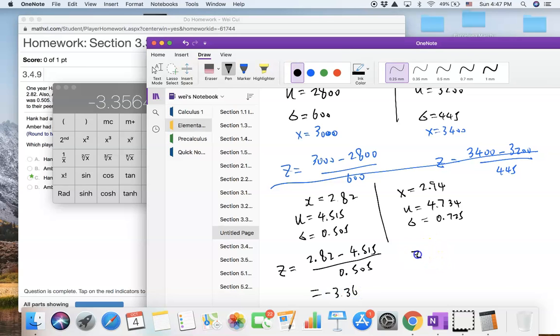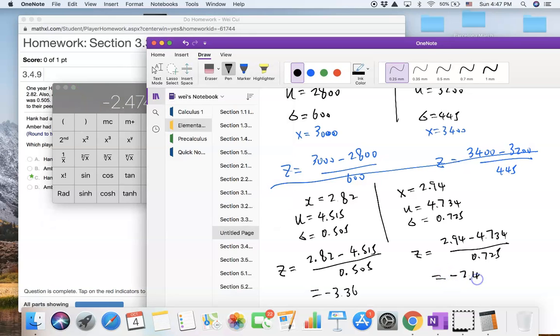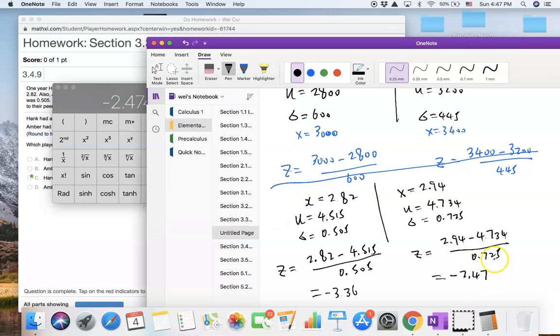And for Amber, her z-score is 2.94 minus 4.734 divided by 0.725, which is negative 2.47.